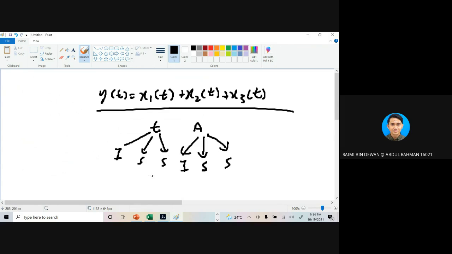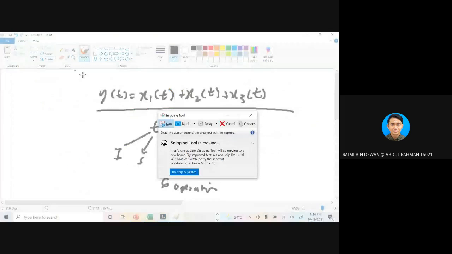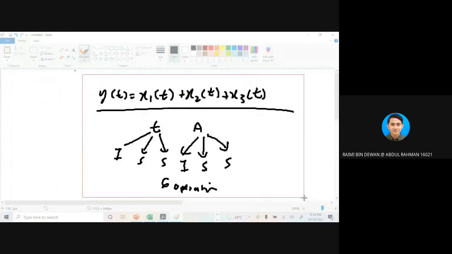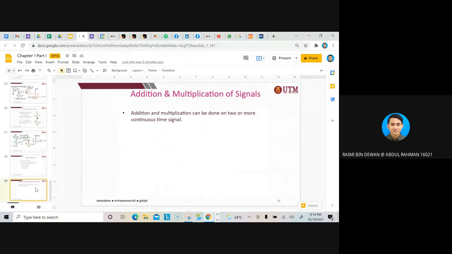These six operations need to be mastered before you even think of doing addition and multiplication of signals, which is logically more challenging. Okay, I add this to my slides.